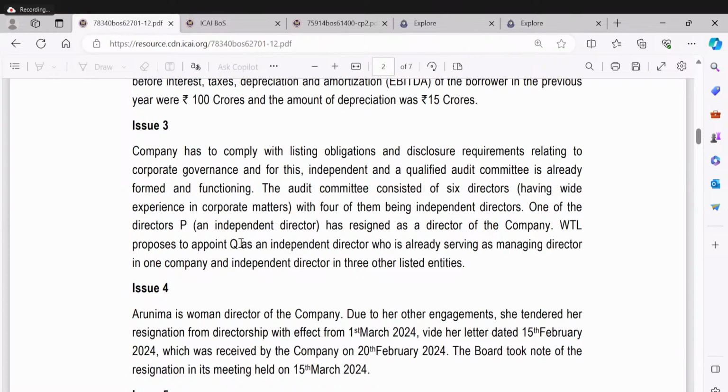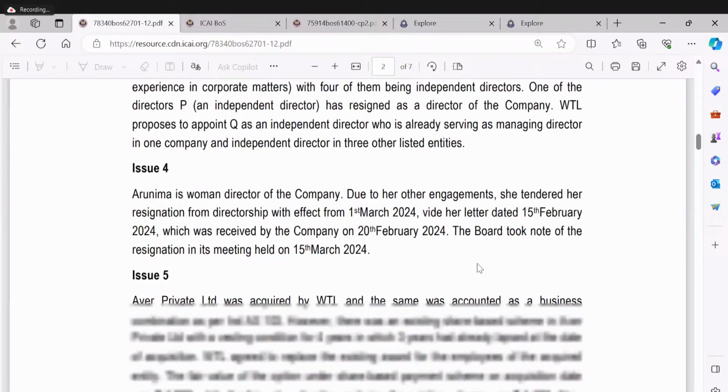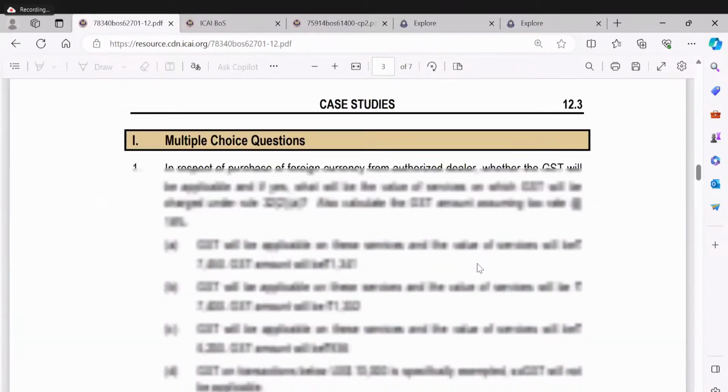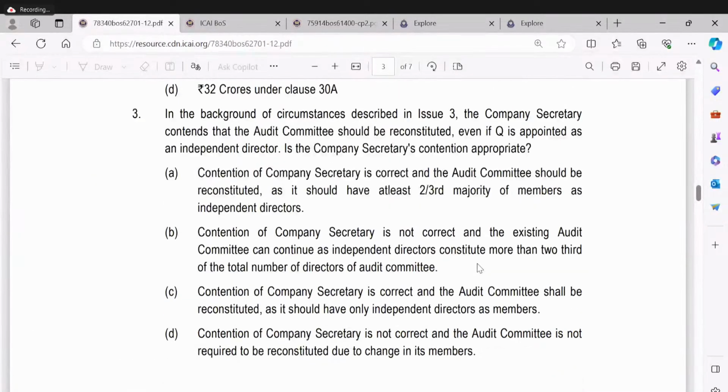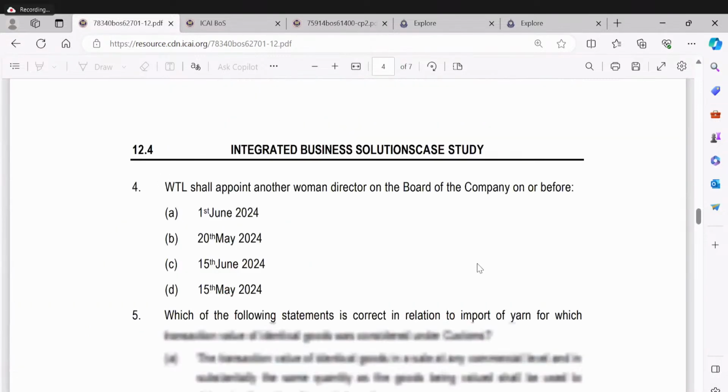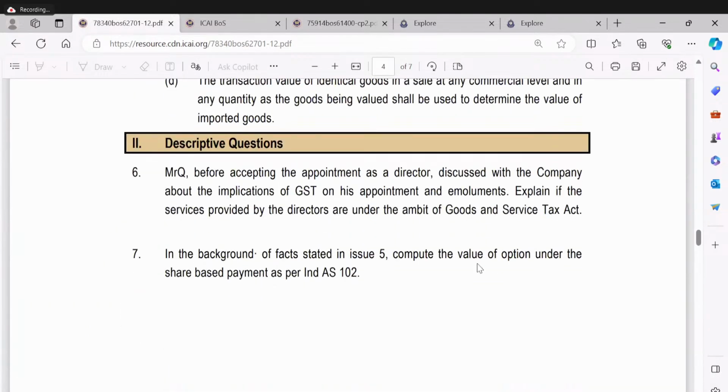WTL proposes to appoint Q as an independent director who is already serving as managing director in one company and independent director in 3 other listed entities. Now, WTL wants to appoint Q as an independent director.